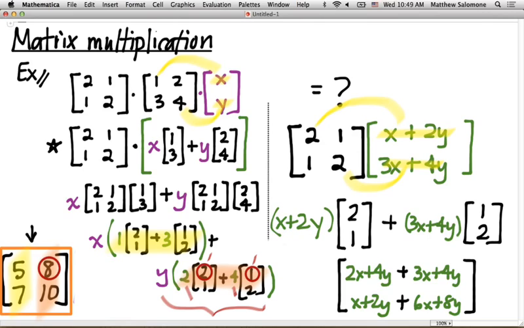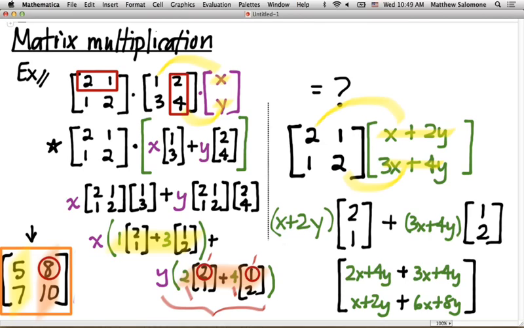Those came from my second matrix. So looking back in our original problem, we can find the locations of those. Specifically, the 2 and the 1 from my first matrix are these two coefficients. And the 2 and the 4 from my second matrix were these coefficients.